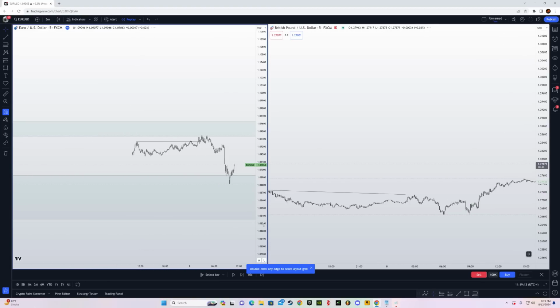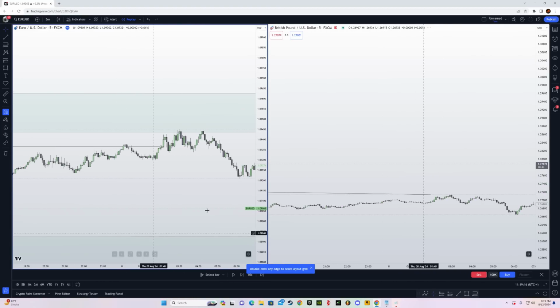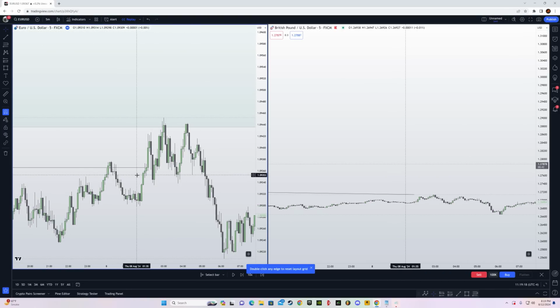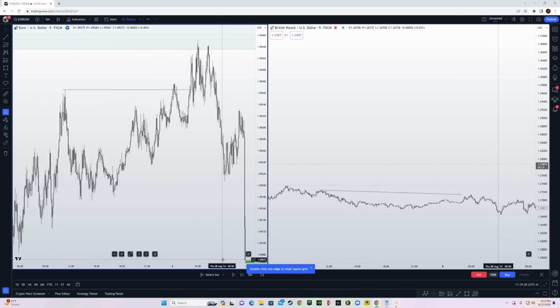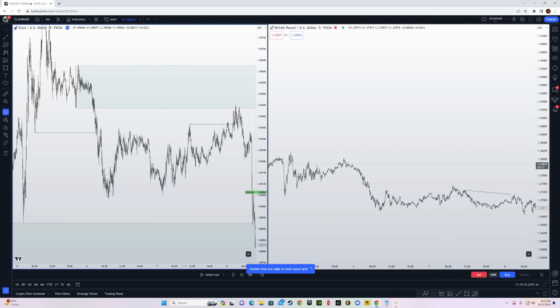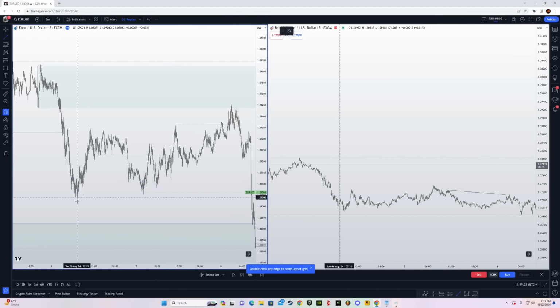If I zoom out a bit like that, you're going to see that this is when we were not in the kill zone time. Remember, if we are trading on the 5-minute, we want to be taking our entries during the kill zone hours. That is very important, right? And you can see that we have a bunch of liquidity here, and we have original consolidation just around here.